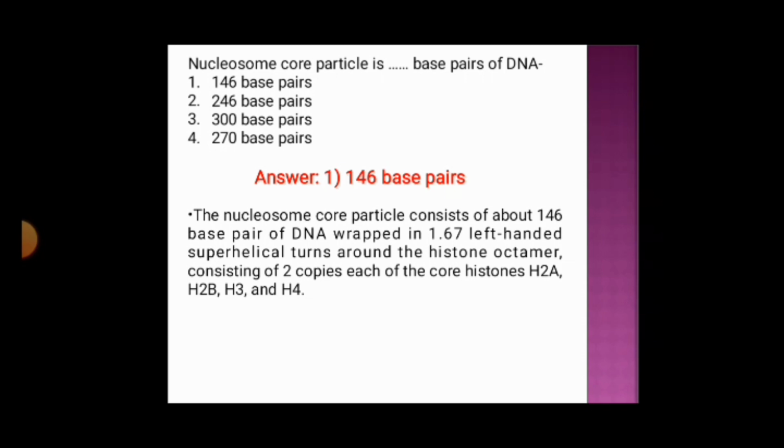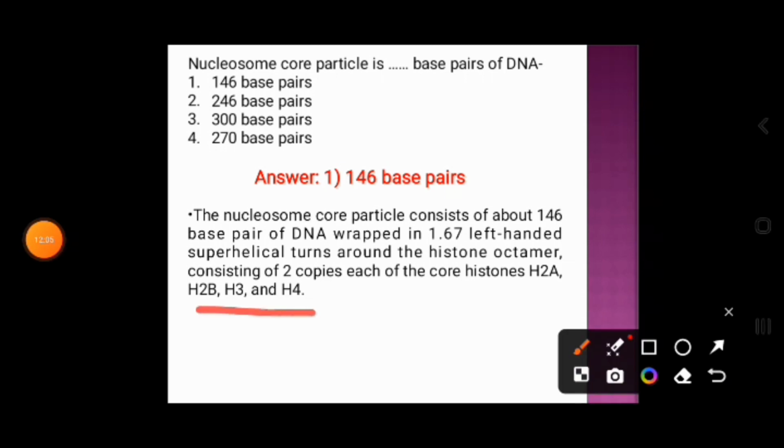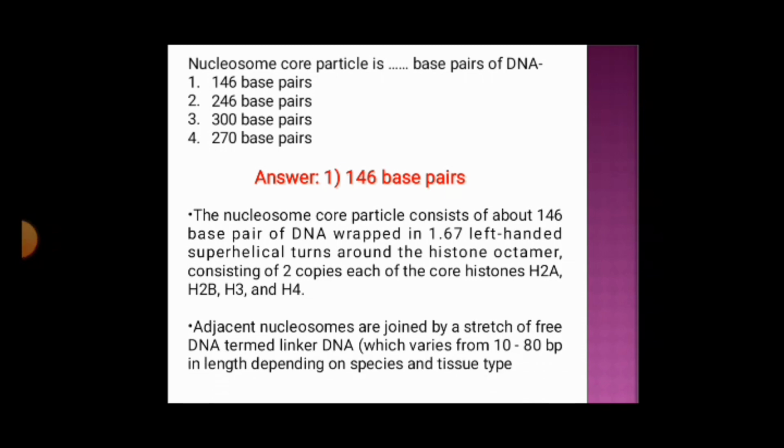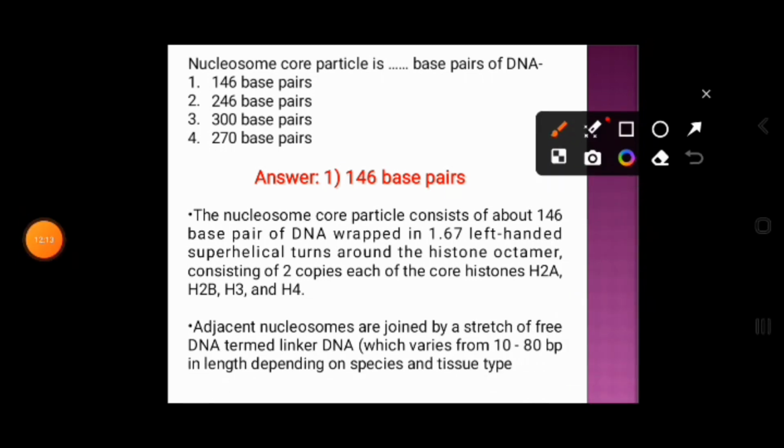This histone octamer consists of 2 copies each of the core histones H2A, H2B, H3 and H4. The adjacent nucleosomes are joined by a stretch of free DNA, termed linker DNA, which varies from 10 to 80 base pairs in length depending on the species or tissue type.